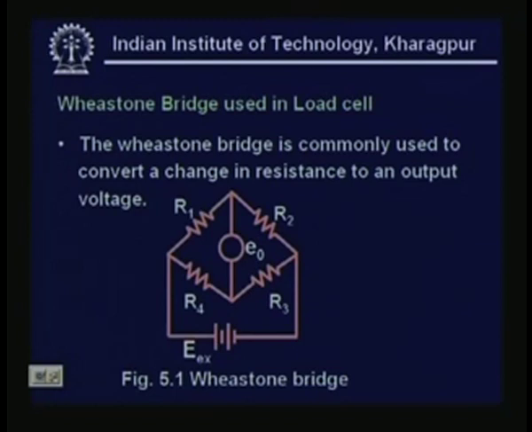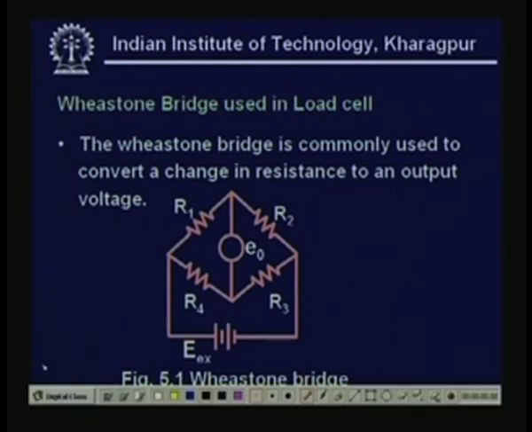You see, this is our basic Wheatstone bridge circuit, and you can see here that we have used 4 resistances. This is R1, then you have R2, then we have R3 and R4, and we have used an excitation E_ex, that is the excitation voltage.